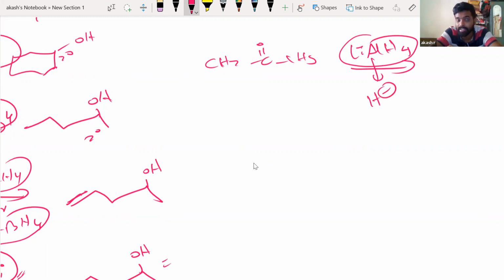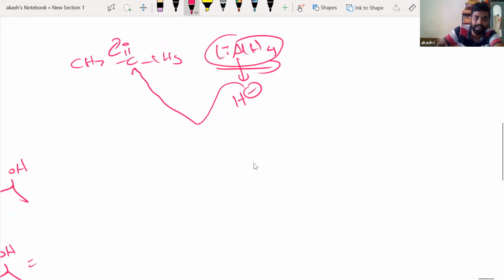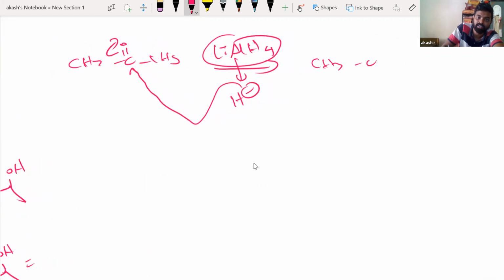From this also, what comes is H minus. This is also an example of nucleophilic addition, because this H minus comes and attacks the carbonyl carbon, and the C=O bond breaks. Then we get CH3, CO minus with an H and one CH3.